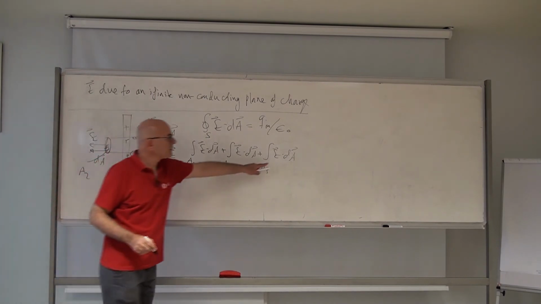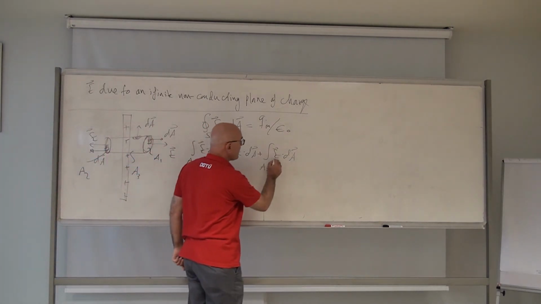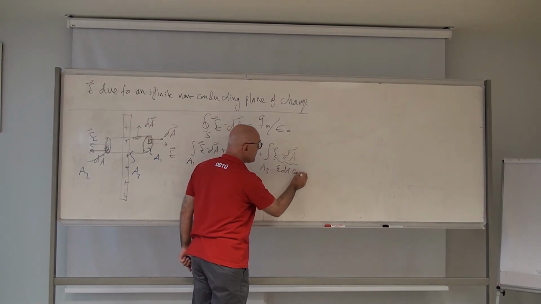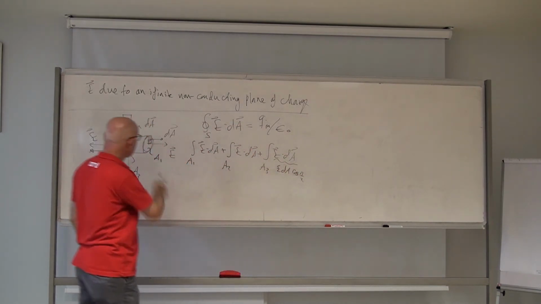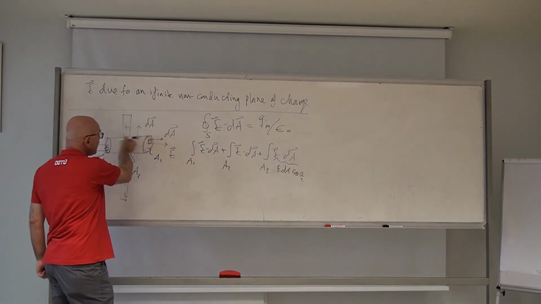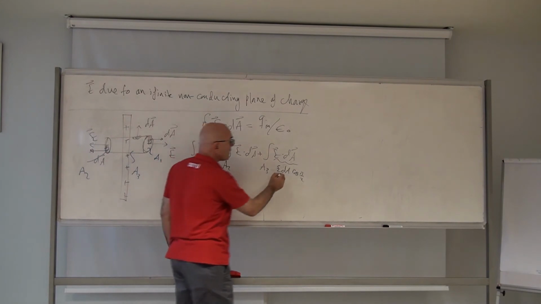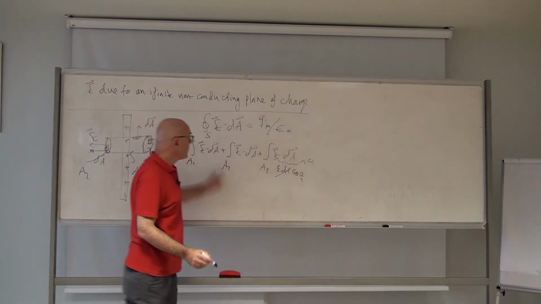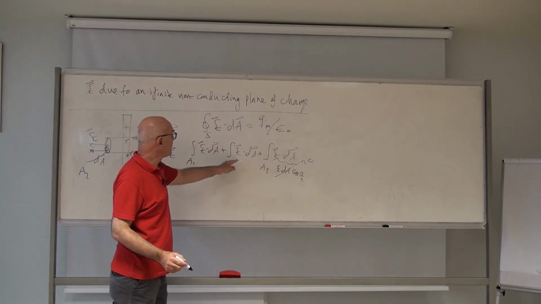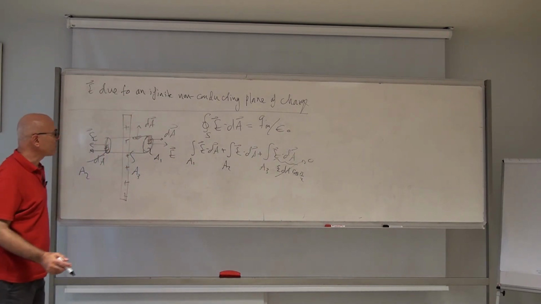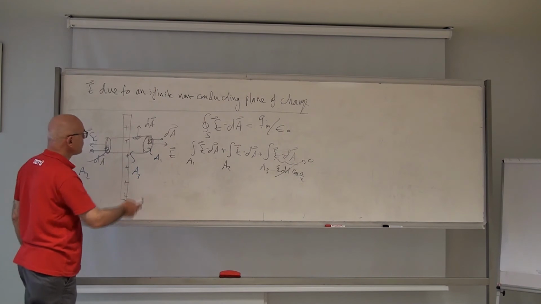Now I start with A3. This is equal to E dA cosine pi over 2 all the way, because dA and the electric field at this surface are always perpendicular to each other, and this quantity is 0. So this reduces to the integral of the electric field over these 2 open surfaces, in other words, the flux through these two surfaces.